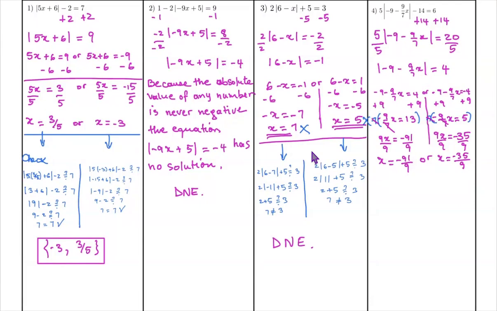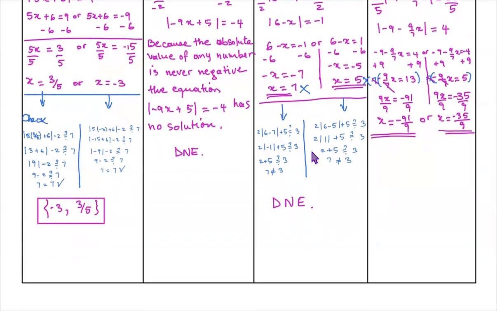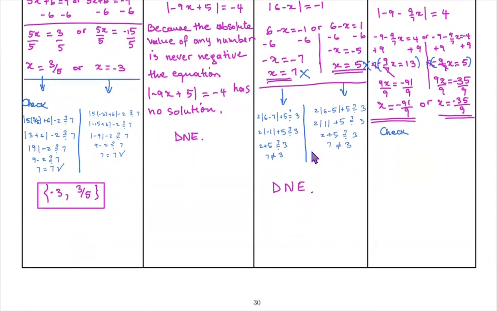Now let's check both solutions, because we don't know yet if they would work until we check them. Let me check for x equals negative 91 over 9.